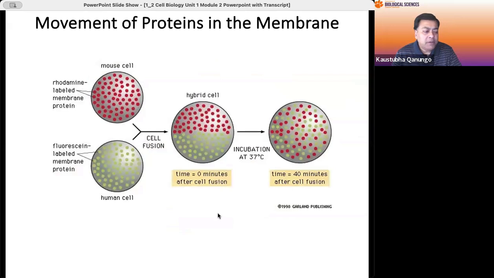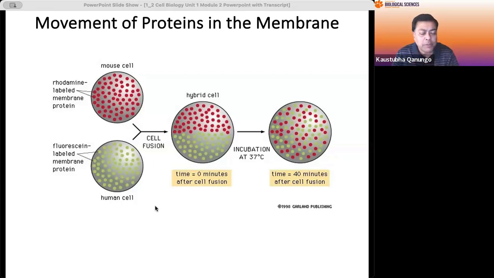All right. So after that, we are looking at the movement of the proteins in the membrane. So here, what we are looking at, the proteins actually move in the membrane as well. So they do not flip-flop, but they can laterally diffuse all the time. And the typical picture of this, that is a mouse cell where you have a rhodamine labeled membrane protein. Rhodamine is the fluorophore, and here's a fluorescein labeled, which is also a fluorophore, which is green in color in the human cell.